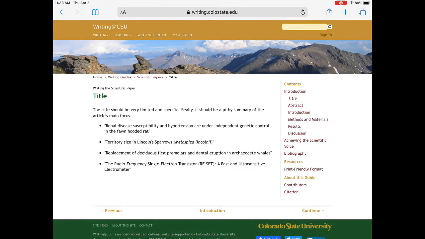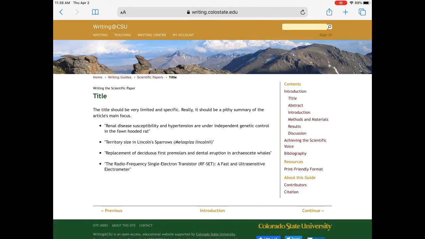Then I'll usually write my title. And the title needs to be pretty specific. So, for example, if you're doing the underwear one, it could be observations of decomposition of cotton underwear in 2 different soil types.